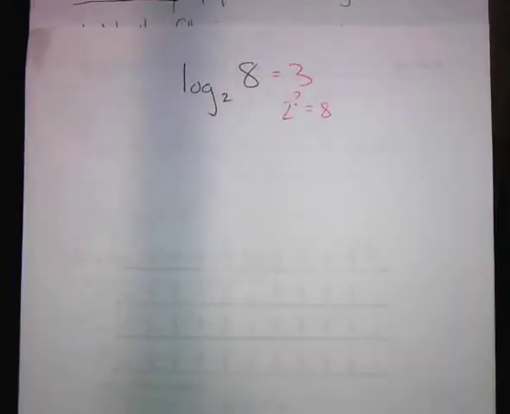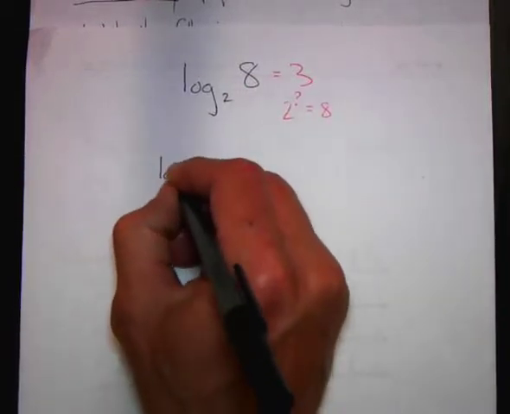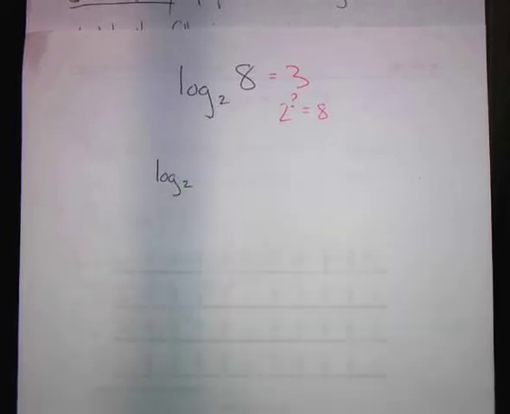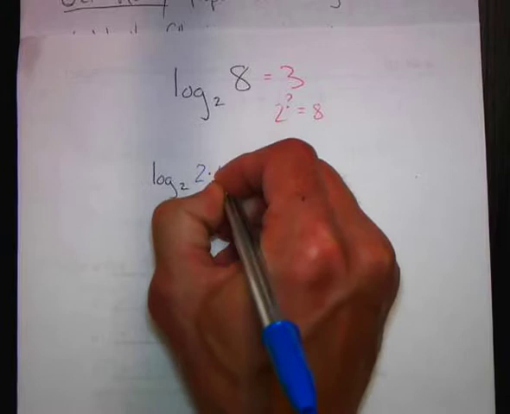So I'm going to play around with this one example to reveal some properties of logarithms. And here's the first thing I'm going to reveal. Did you know that 8 happens to be 4 times 2? And so we could rewrite this as the log base 2, instead of saying 8, we'll just call it 4 times 2.